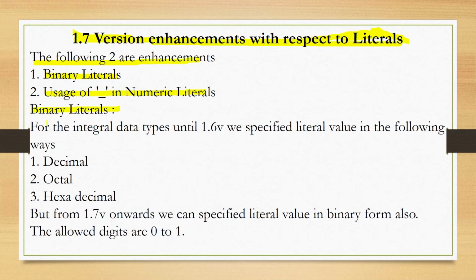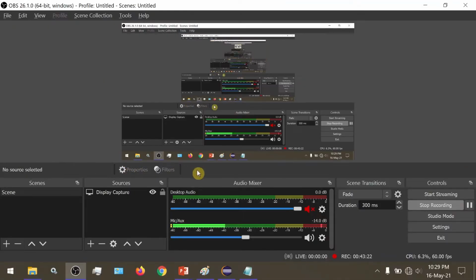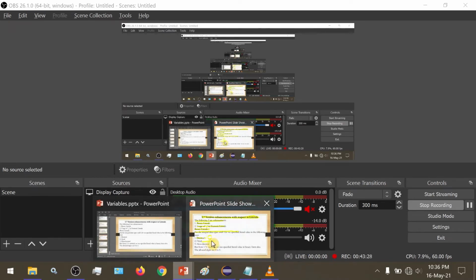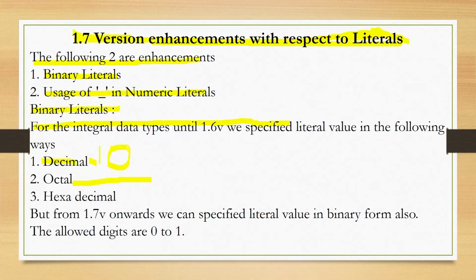So binary literals. For integer literals, we saw that we could specify the numbers in decimal. We specify decimal literals using the direct values.